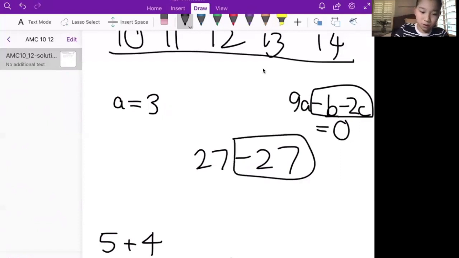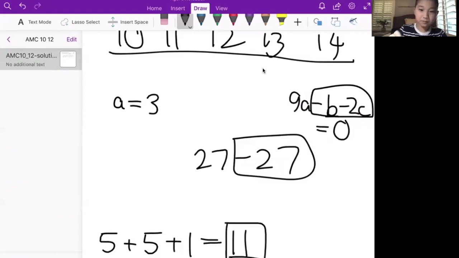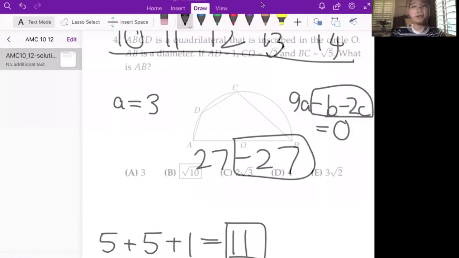So there's only one possibility. Oh yeah, and I should have made this 5 instead of 4. 5 plus 5 plus 1. So we get the answer of 11, and that's it.